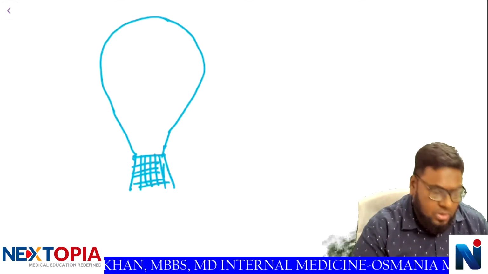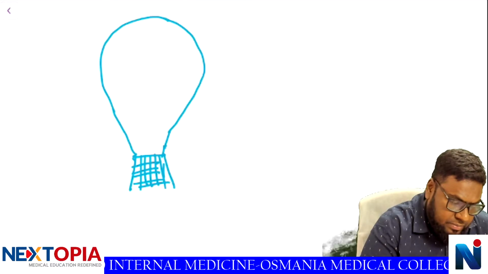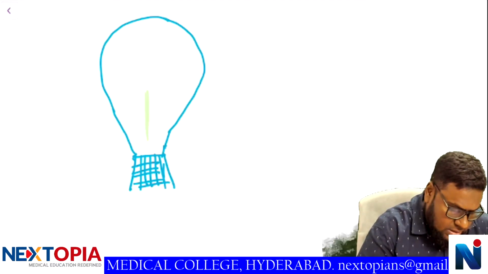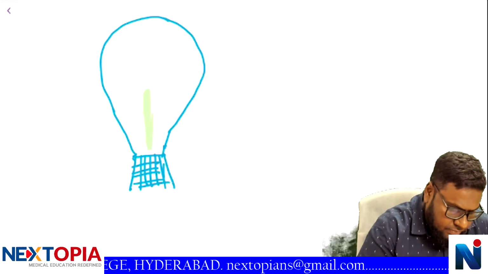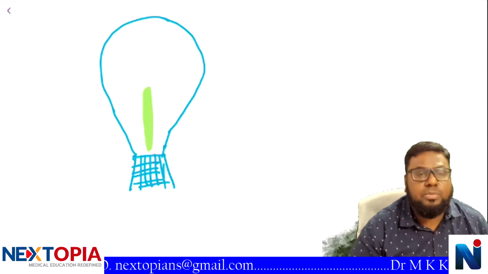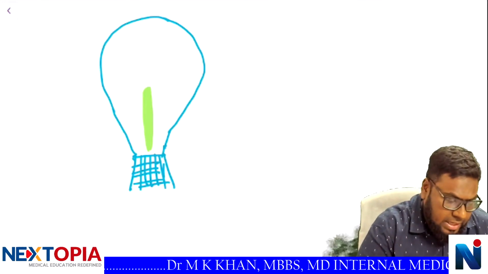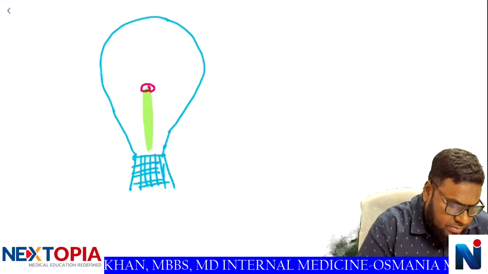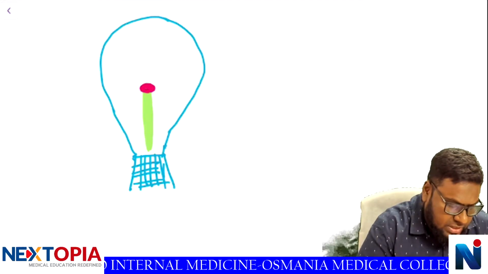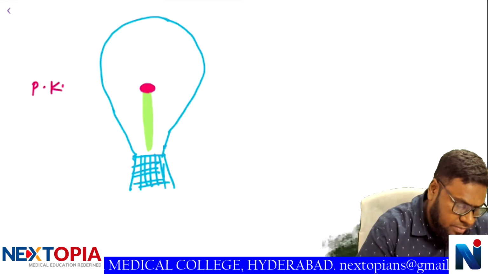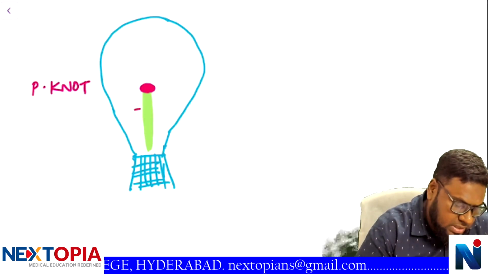Somewhere here, a process is formed. You are calling it a primitive streak. The cranial end of the primitive streak develops a small knot-like structure. What are you calling it? A primitive knot. So this is the primitive streak.